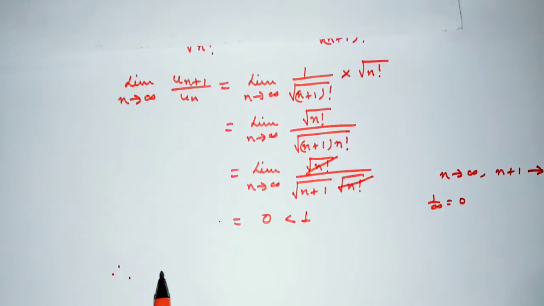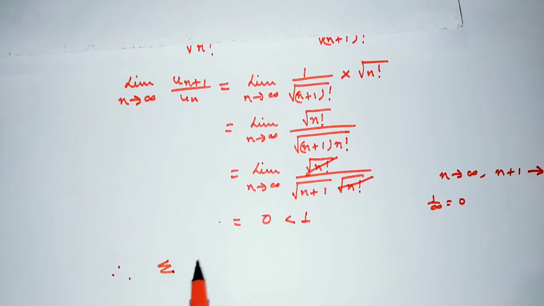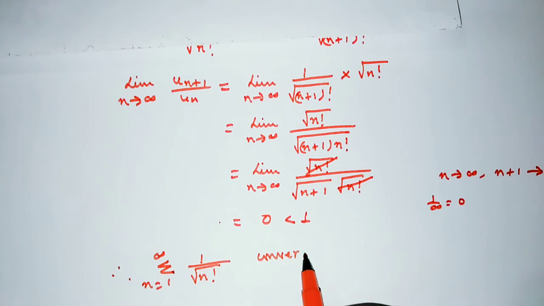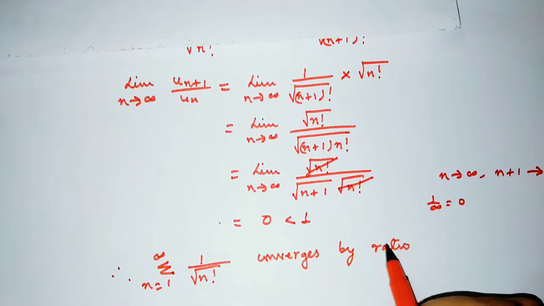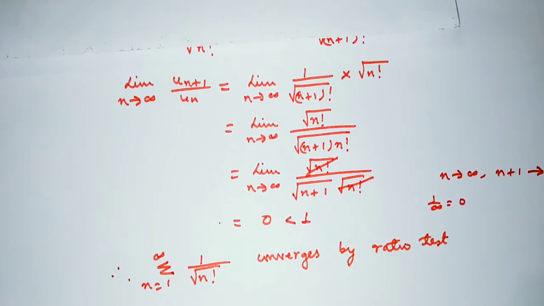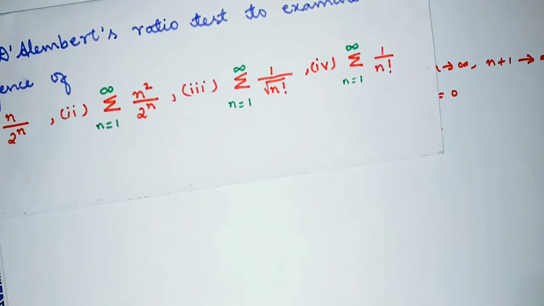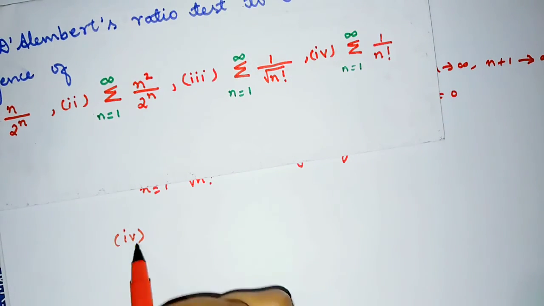So therefore summation 1 by root n factorial, n from 1 to infinity, converges by the D'Alembert's ratio test. Okay, let's do the last one, the fourth one.